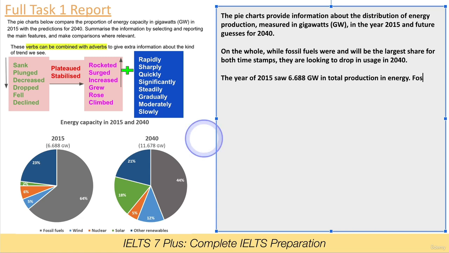And we're using past tense. Fossil fuels consumed a strikingly large amount of produced, put out a strikingly high amount of output, exhibited strikingly high amount of output at 64%.